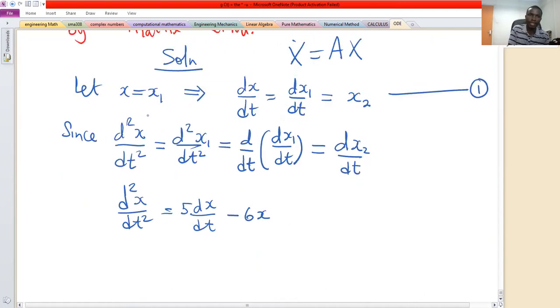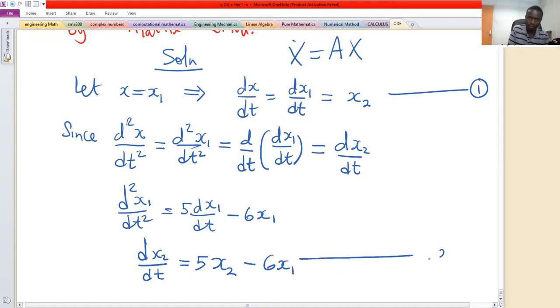But because we have said x1 is the same as x, it tells me that d squared x1 dt squared, which can be written as dx2 dt, is the same as 5 dx1 dt, which is x2 from equation 1, minus 6 x1. Call this one equation 2.